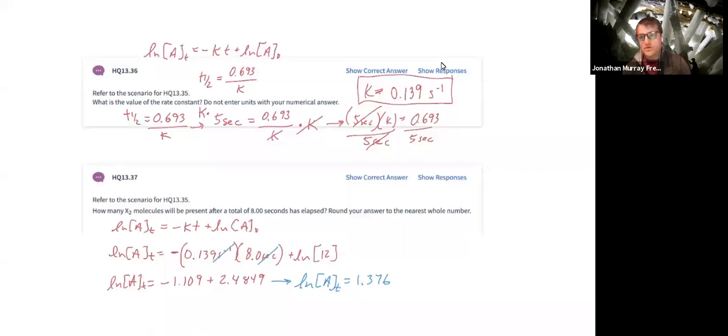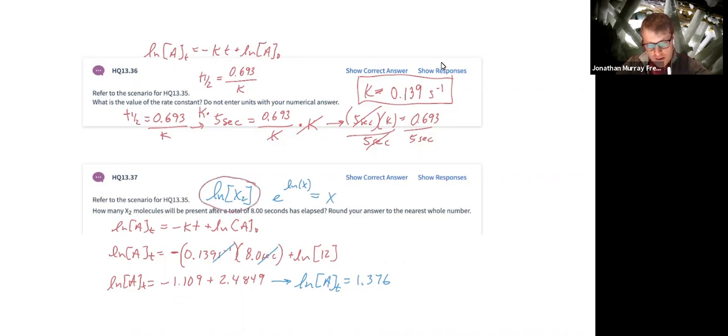So here's one little trick to get to concentration. We have ln of x, where x is our unknown, in this case. If you take e to the ln of x, that equals x. So in this case, all we're doing is plugging in this value.